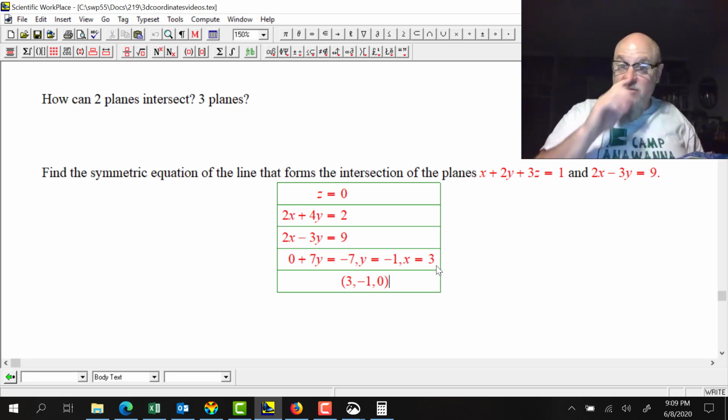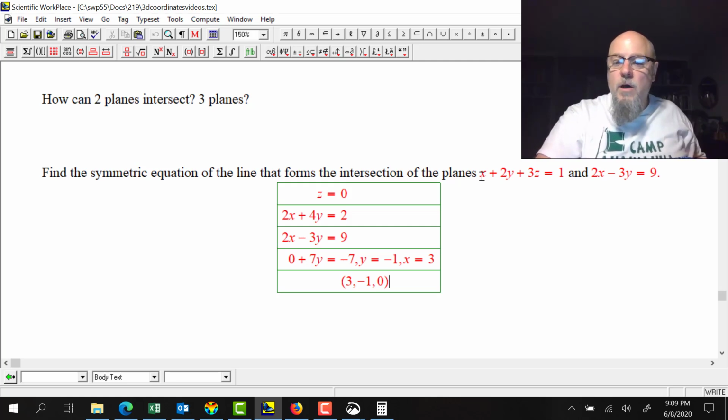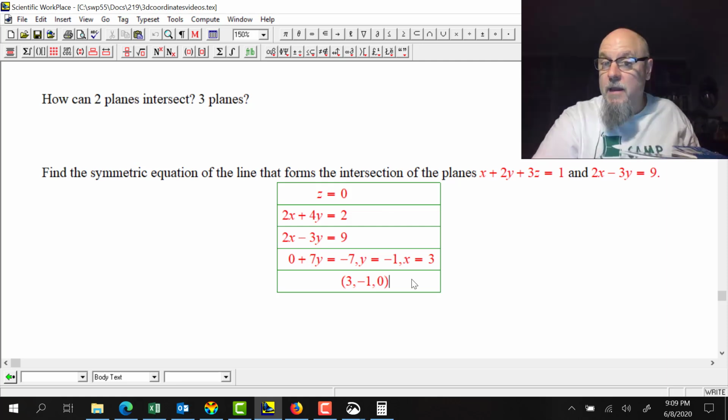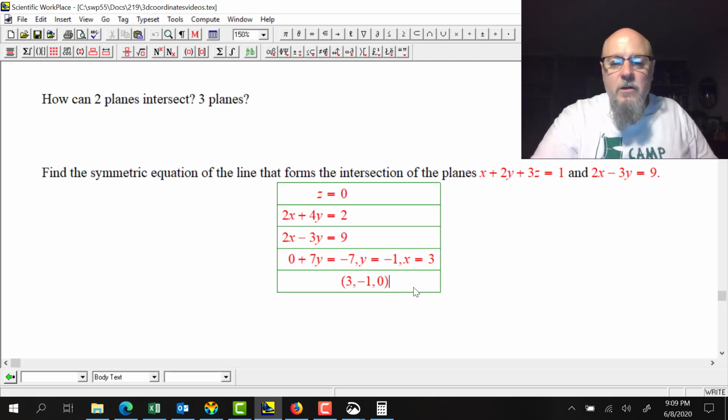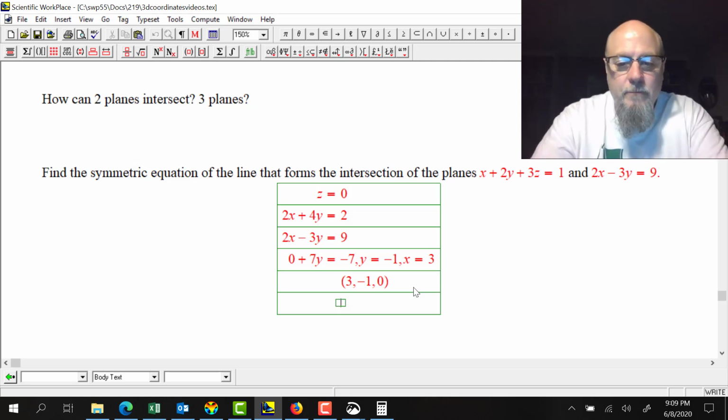So I could cross product this normal vector with this normal vector. Or if I redo this process and get another point on the line, then I've got 2 points on the line, and the vector that joins the 2 points is a direction vector as well. Which way is easier? Let's do the cross product.